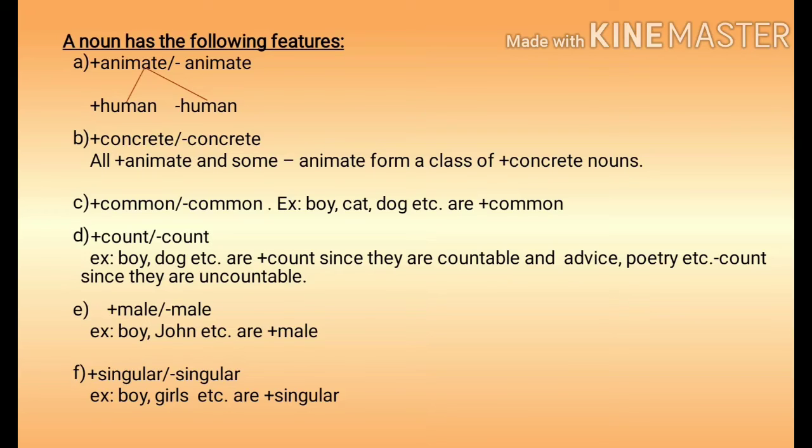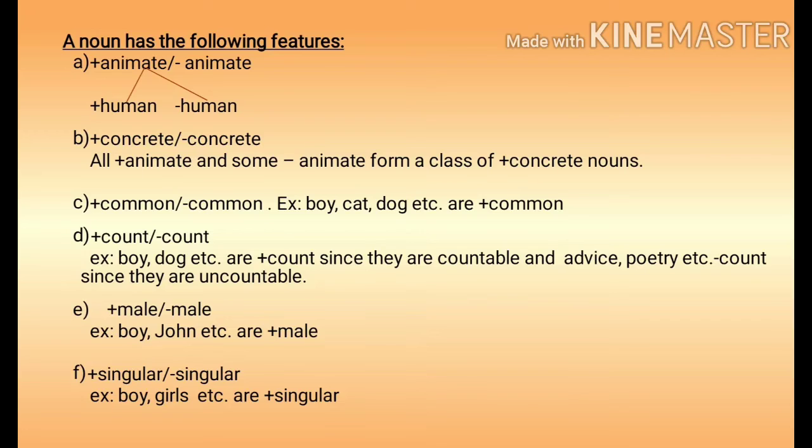Next one, plus common or minus common. That means presence of common or absence of common noun. For example, boy, cat, dog, etc. are plus common. That means shows the presence of common noun.